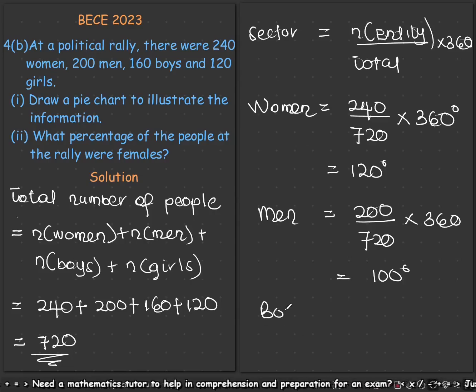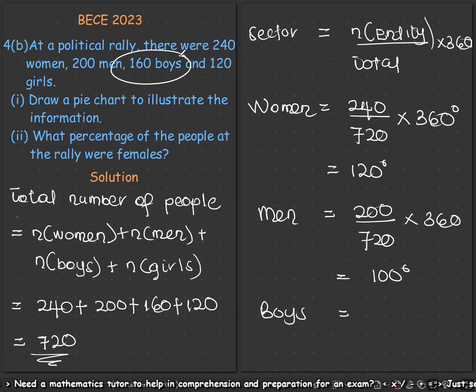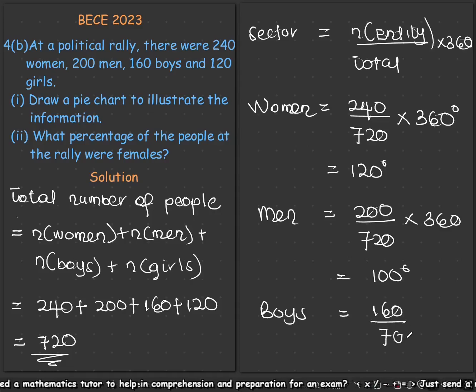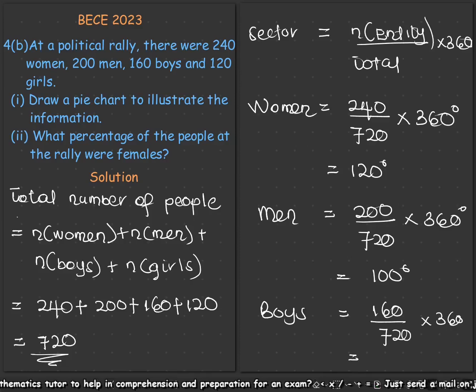So for boys, the number of boys in this case is 160. So 160 divided by the total number of people, which is 720, then times 360 degrees. If you evaluate that, you are going to get 80 degrees.